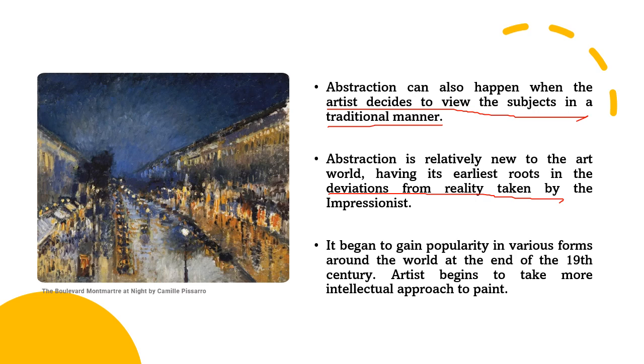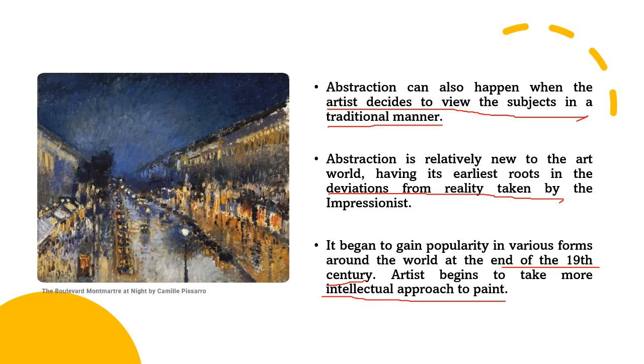It began to gain popularity in various forms around the world at the end of the 19th century. Artists began to take a more intellectual approach to painting, not just literally copying someone, but expressing it in a different way, representing the image in a more artistic or creative way.